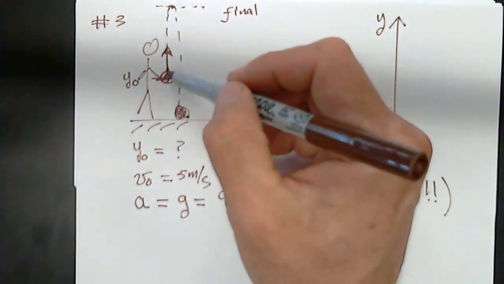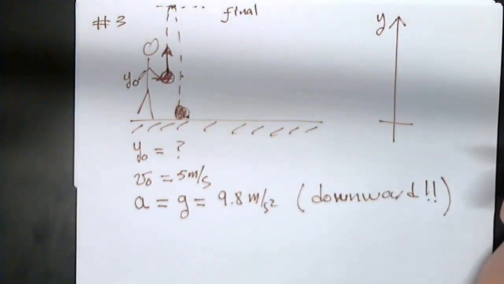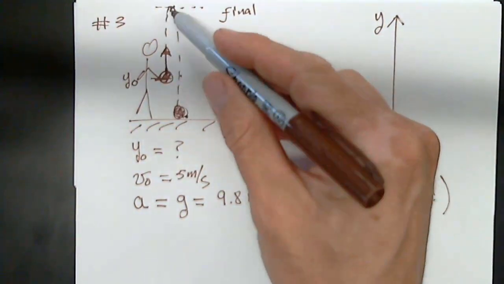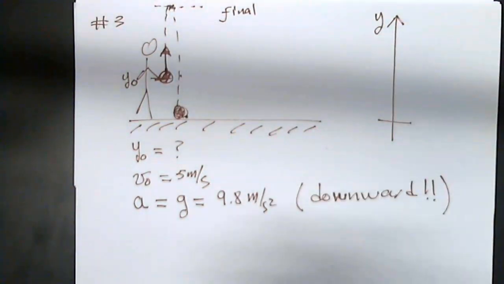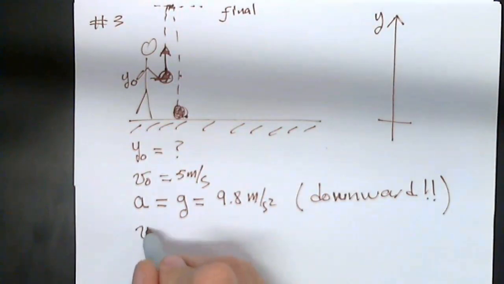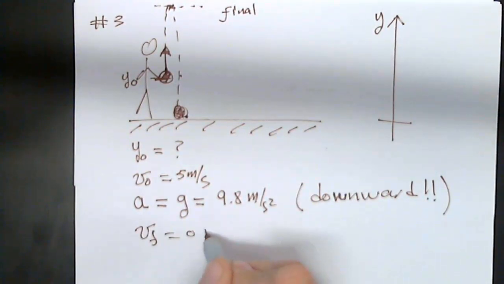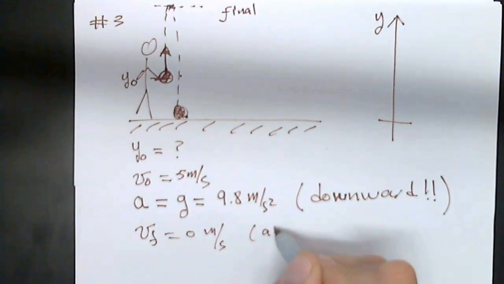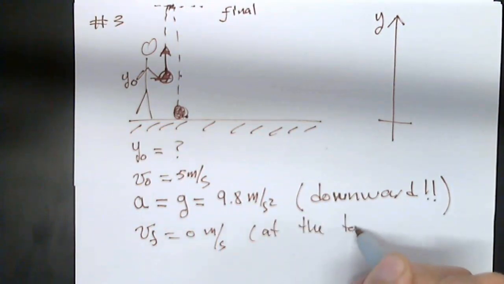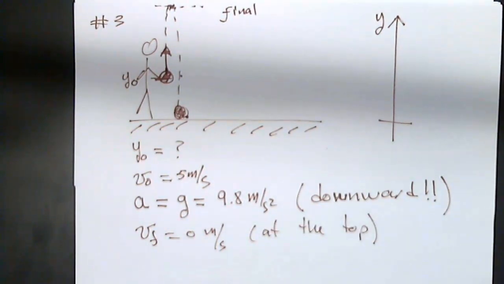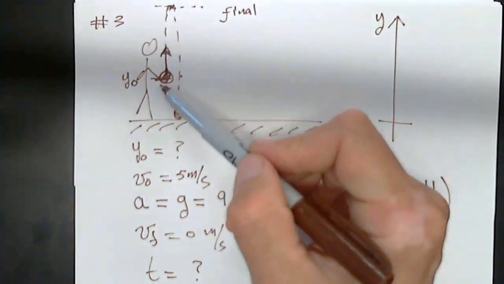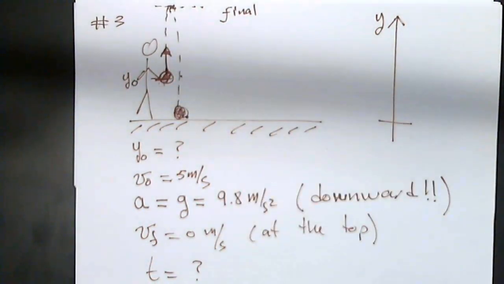Let's pretend that we want to find how long it takes to be at the top. At the very top, for an instant, the velocity is 0 meters per second. And I could ask you, how long does it take to go this way? That could be a question.